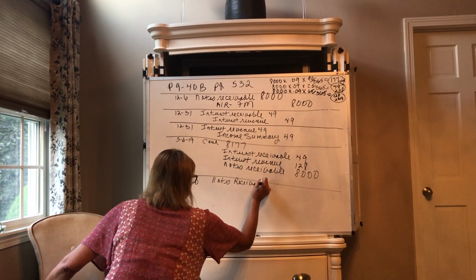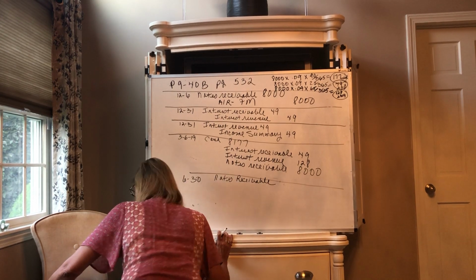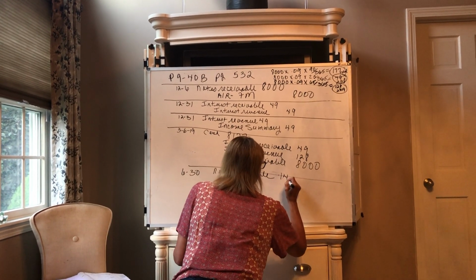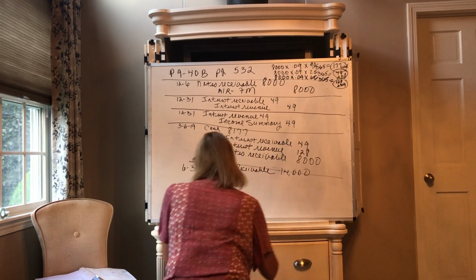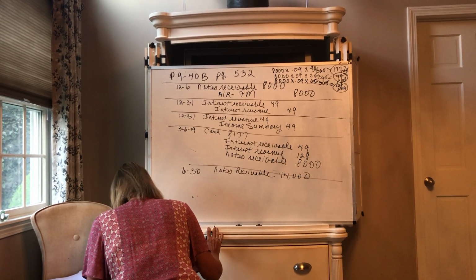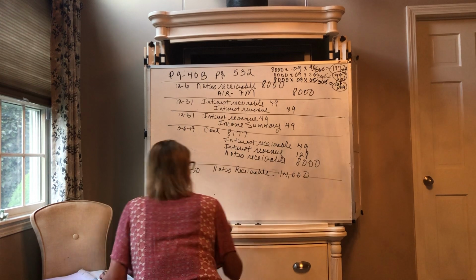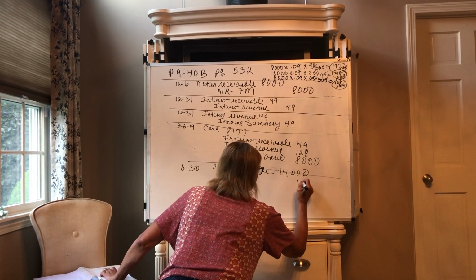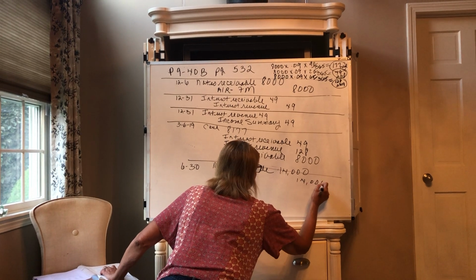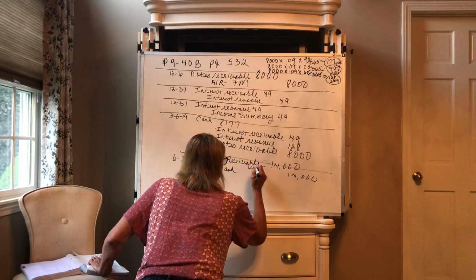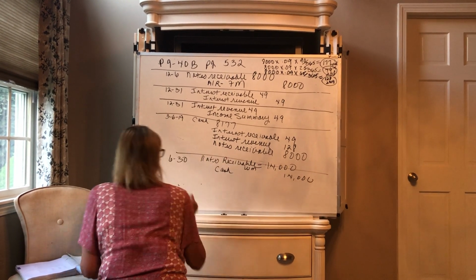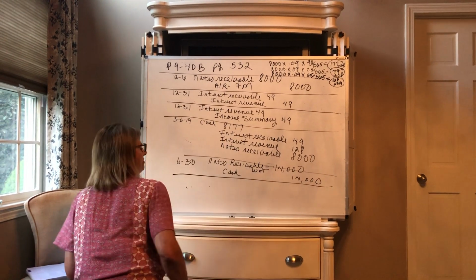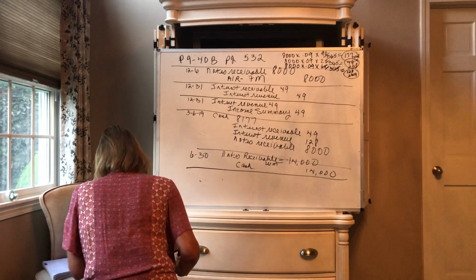And this is the reason of loaning to another business. It's not an individual, but it's a business. Okay, and we're going to credit cash because we're giving them money. I'll put WM for Washington Music.